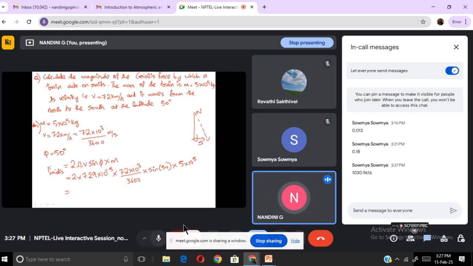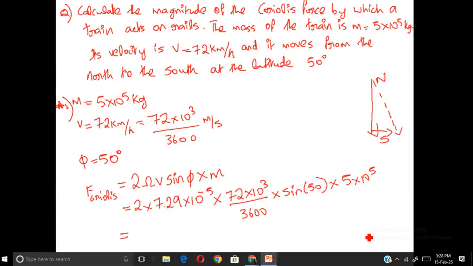Actually, all values are positive, right? This will be the direction of deflection, not the other way around. It will be right.